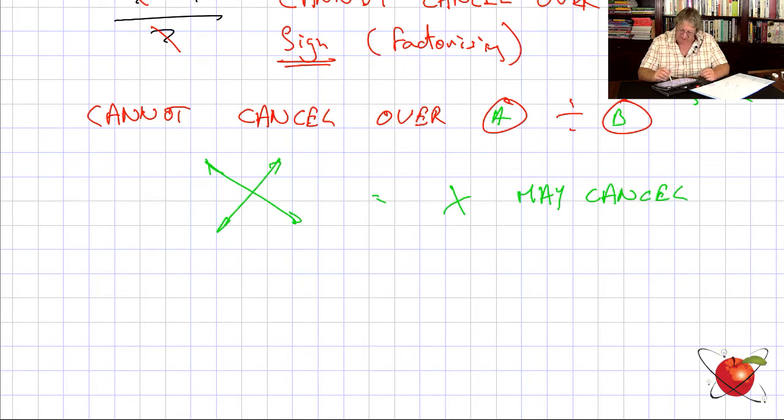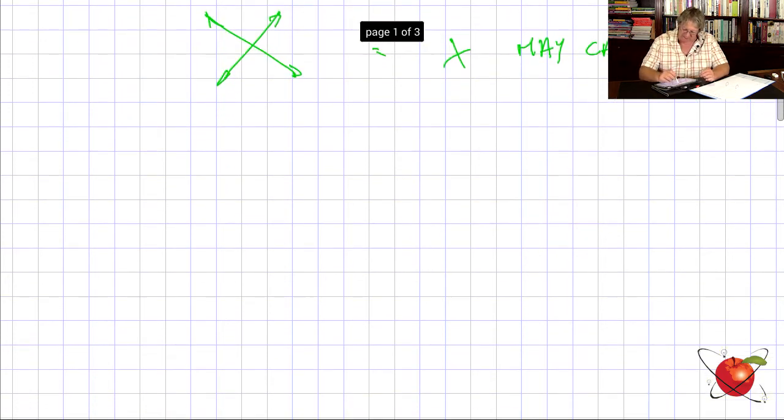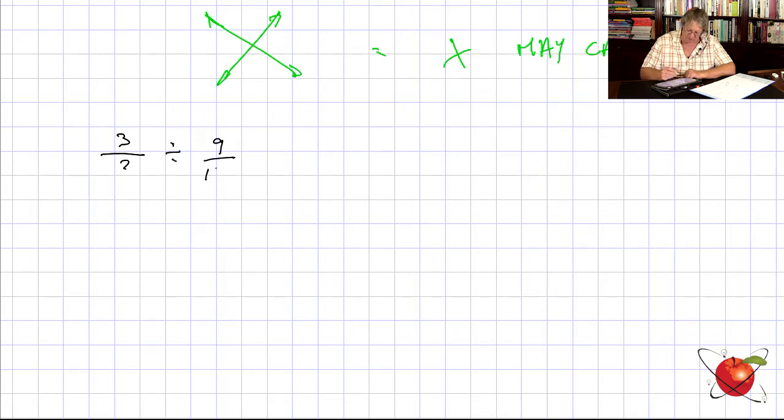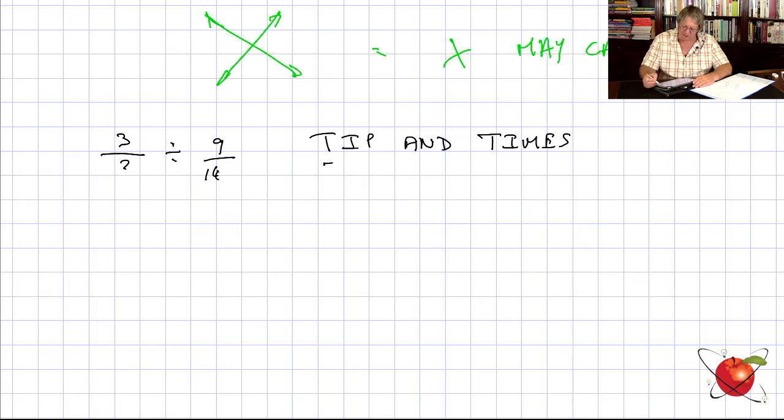So just to go back to a little bit of grade 7 stuff, what happens if we've got 3 over 7 divided by 9 over 14? What is the first thing we do? We have to do the proverbial tip and times. We tip the second one and change to a multiplication sign.